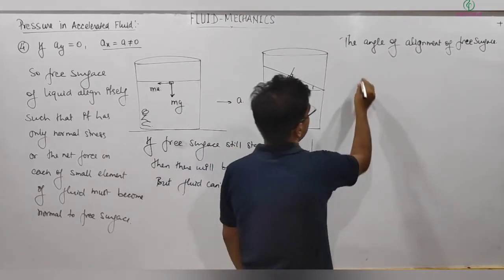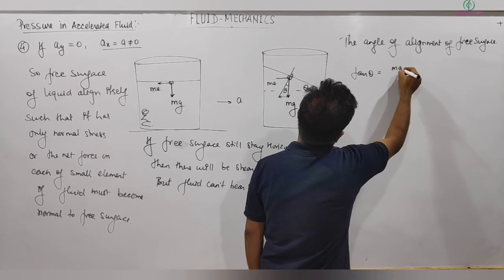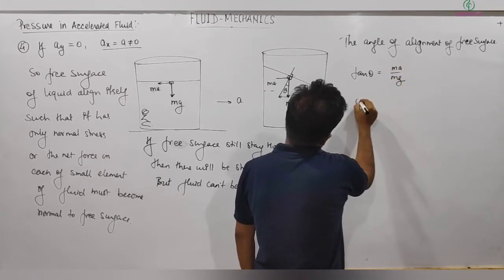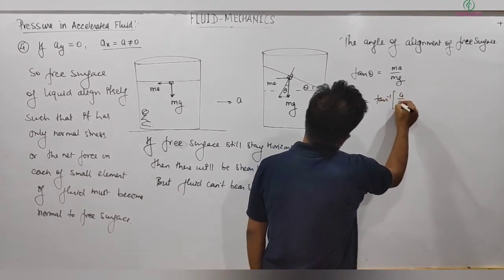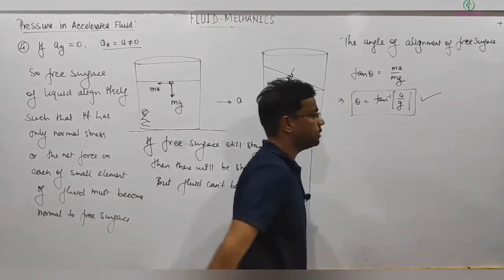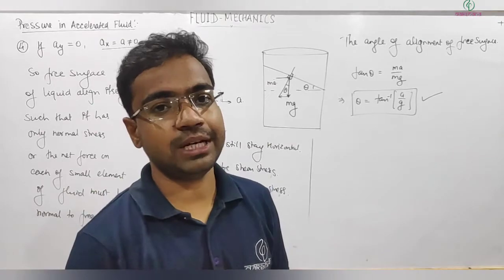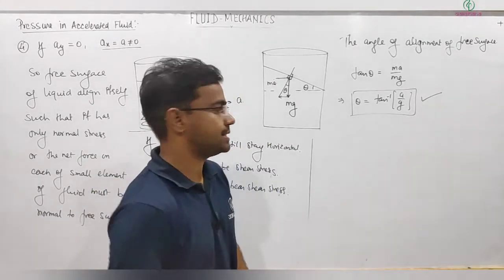So tan of theta will be equal to ma divided by mg. This implies theta is equal to tan inverse of a by g. So we got the value at which the free surface will align itself when there is acceleration in the horizontal direction, right?